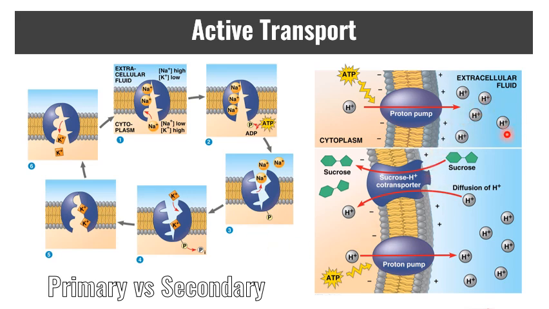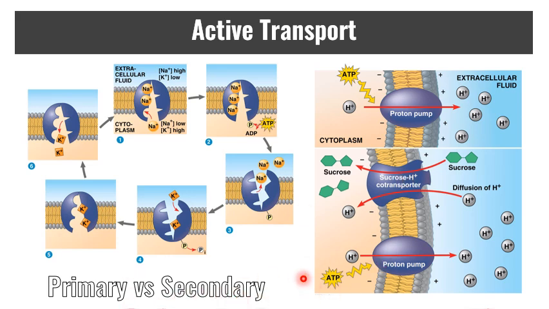Positive charges build up wherever the protons are moved. You can use the difference between the positive and the negative charge to have things flow back into the cell. Like this example here is a sucrose-proton co-transporter. So as the proton is flowing back in to balance the charge, I can also bring sucrose in for free without spending ATP. That's secondary active transport.